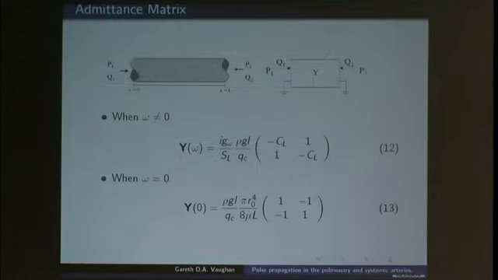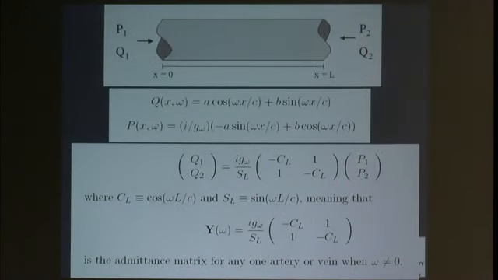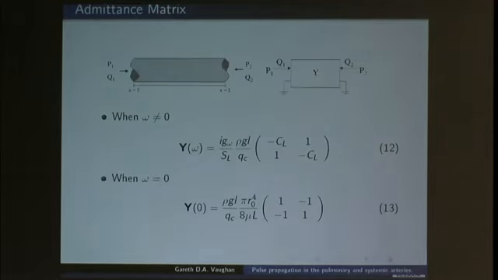Of course there's a special case when there's steady flow, when the frequency is 0, that's just Poiseuille flow, and the CL and SL here are shorthand for cosines and sines of terms. And these are scaled, of course.